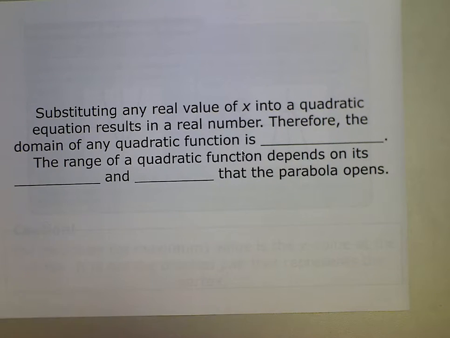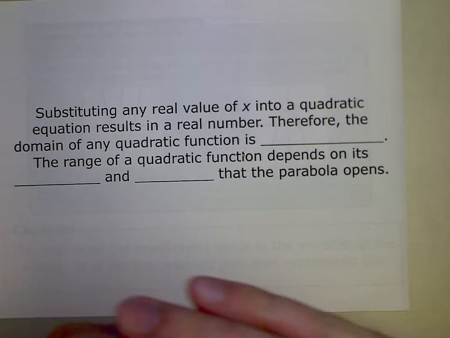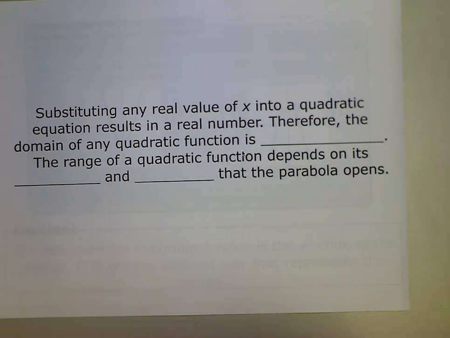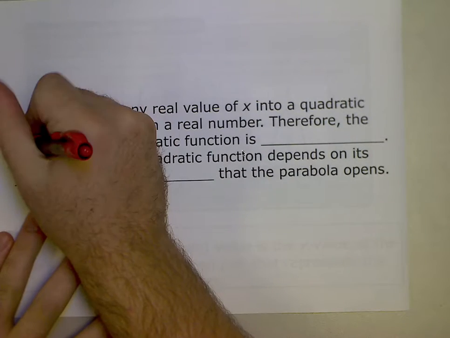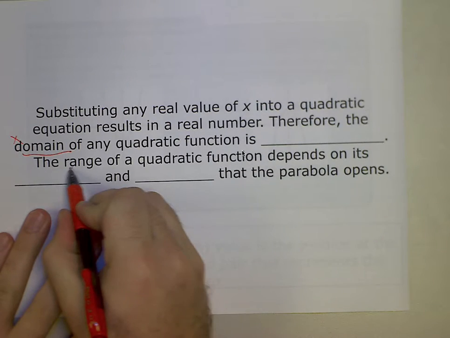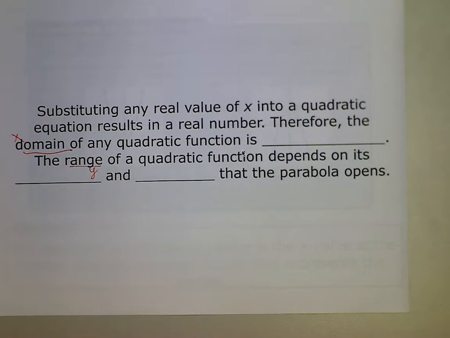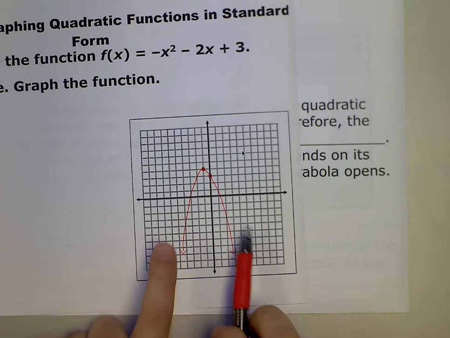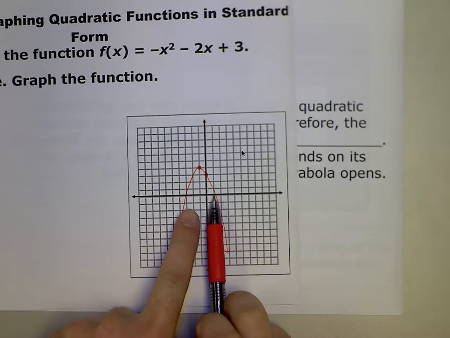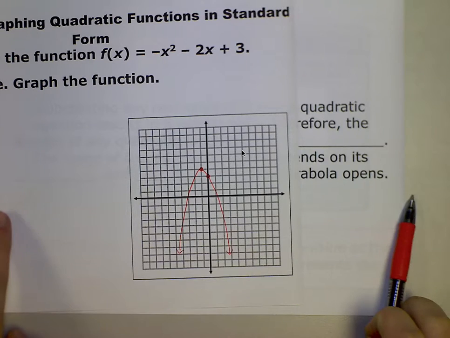Now we also want to talk about domain and range for our quadratics. If we remember, domain referred back to our x values, and range referred to our y values. So if I look at a graph of a quadratic, let me pull that one we just did back here. When I'm looking at my x values, I want to know, is it possible for me to get all of my x values here?